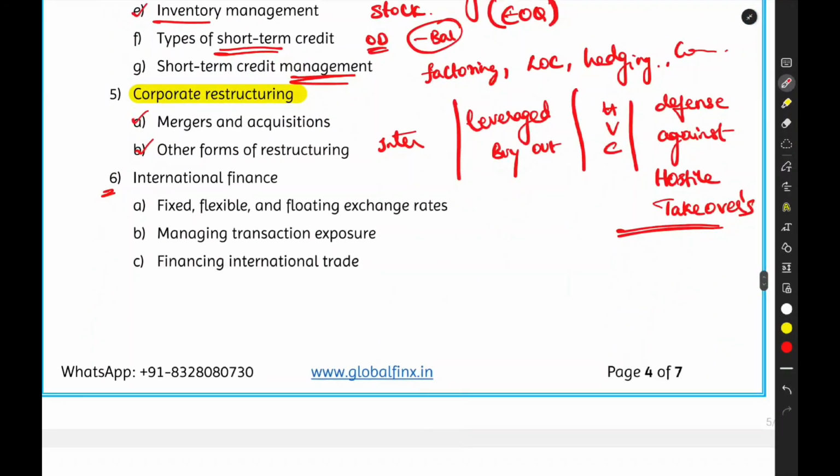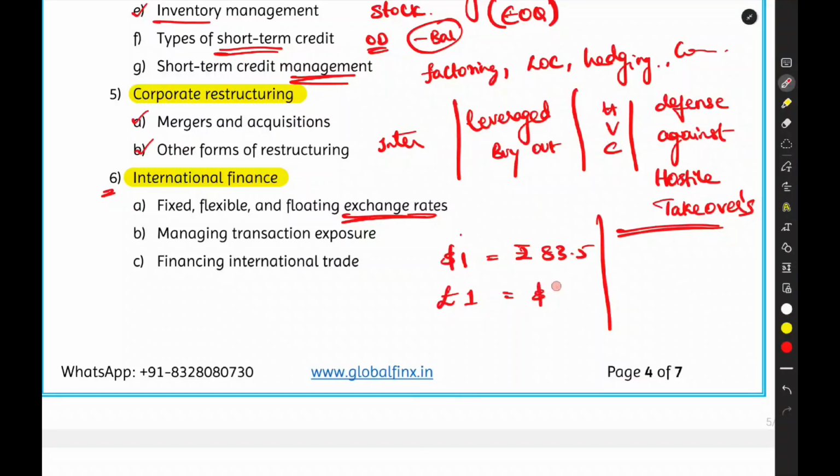Then talking about the last unit, which is international finance. When you start talking about international, the first question that comes to your mind is exchange rate. So for example, $1 is equal to INR 83.5 as of today. Similarly, 1 pound is equal to $1.3 or something, if I remember it right.